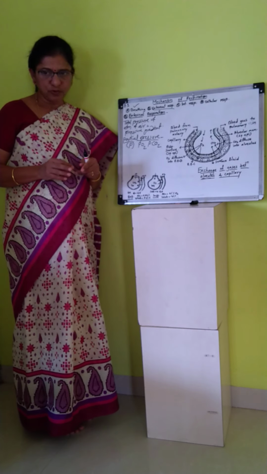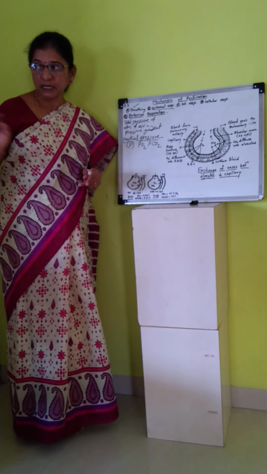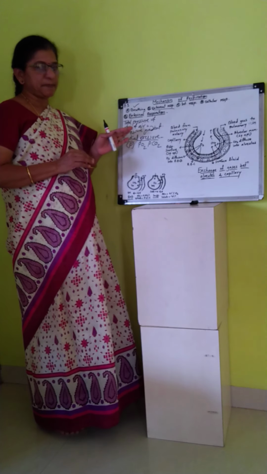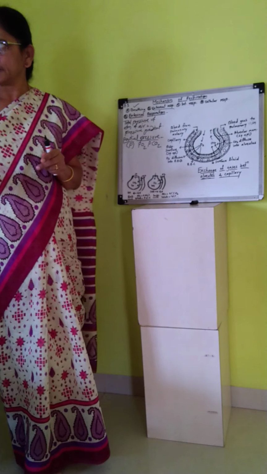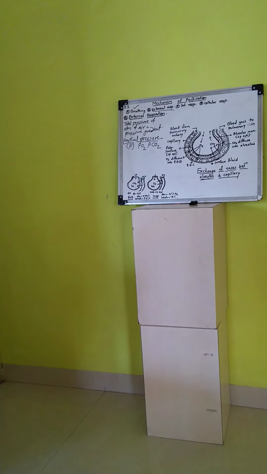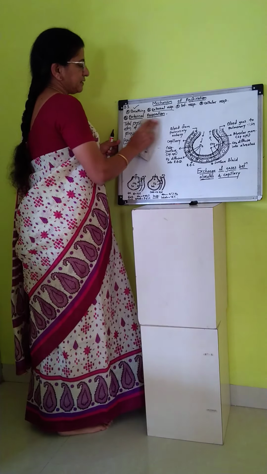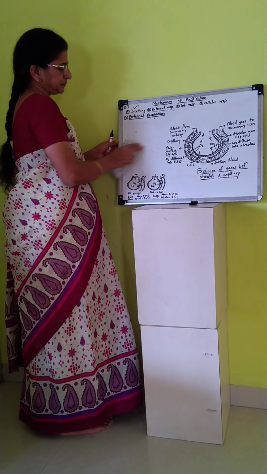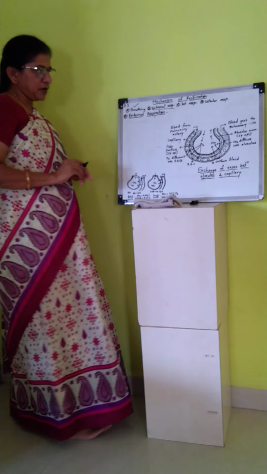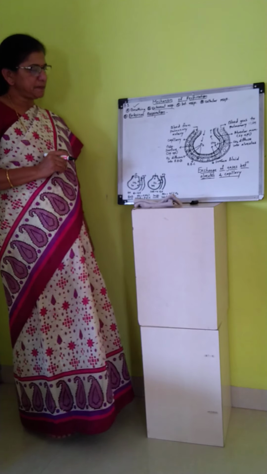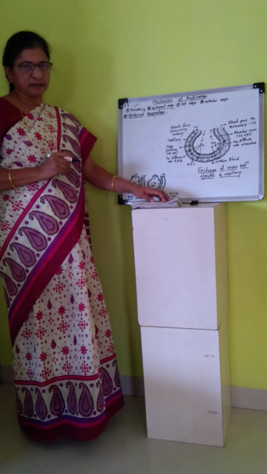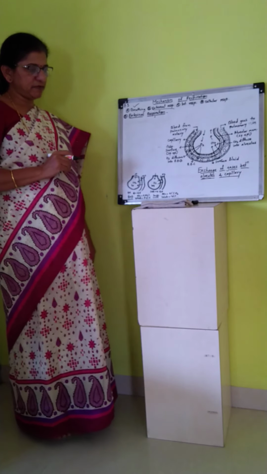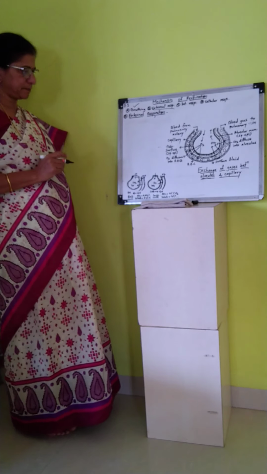Yeah? So now you are clear cut about the pressure gradient. Now see how this partial pressure of oxygen and partial pressure of carbon dioxide occurs inside this alveolus and capillary network.